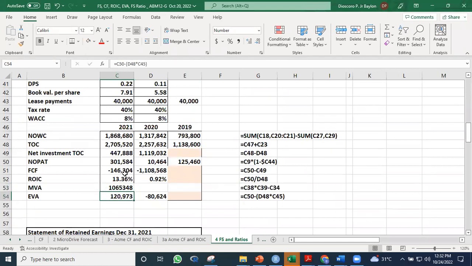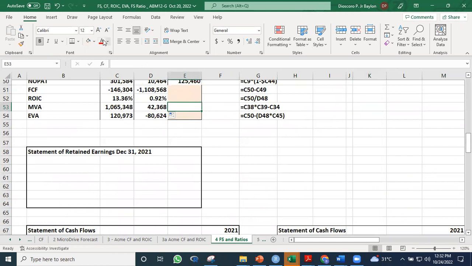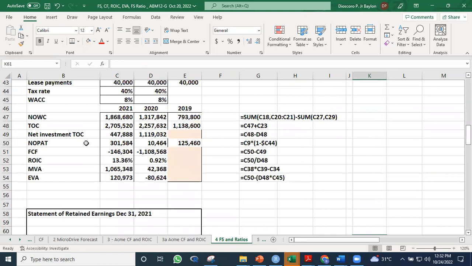Enter. Okay. Wala rin tayong given na stock price dito. Okay. So these are the metrics that we were able to compute. Nakuha natin si net operating working capital, TOC, net investment, NOPAT, FCF, ROIC, MVA, and EVA.